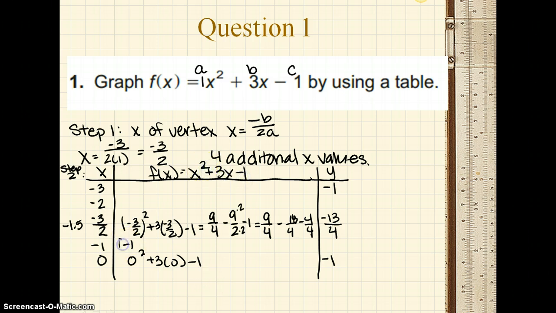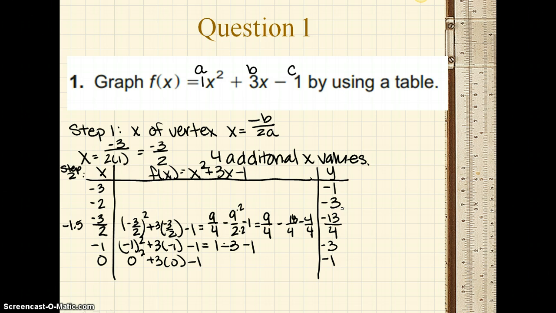Plug in negative 1: negative 1 squared, plus 3 times negative 1 minus 1 is 1 minus 3 minus 1, which is negative 3. And again, negative 2 should have the same y value.